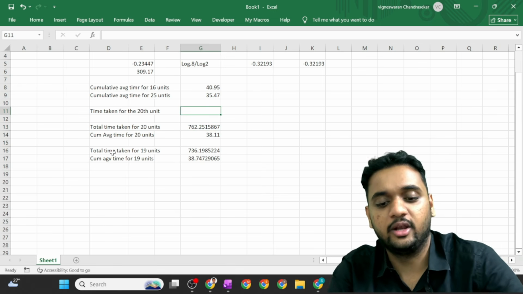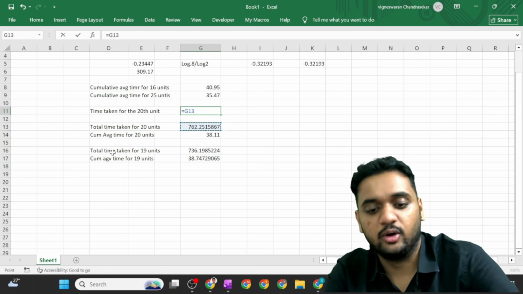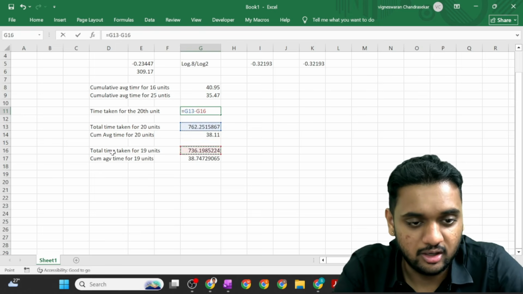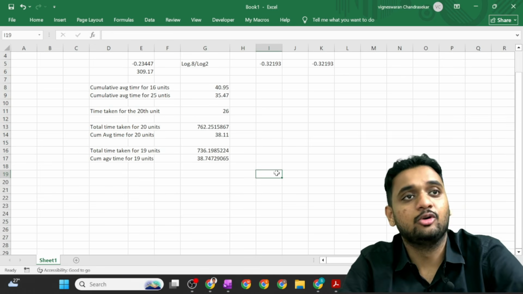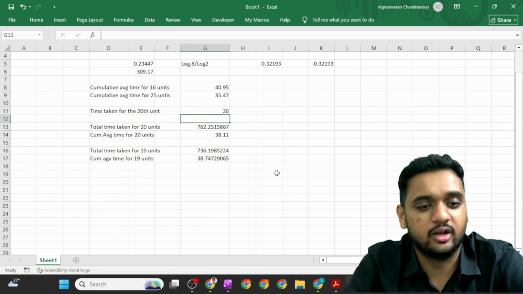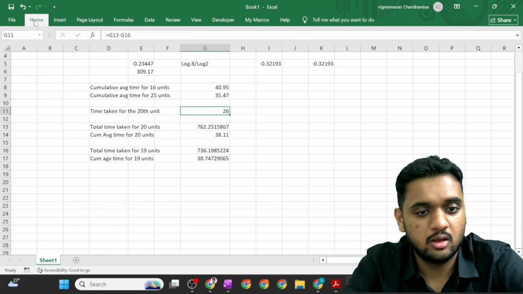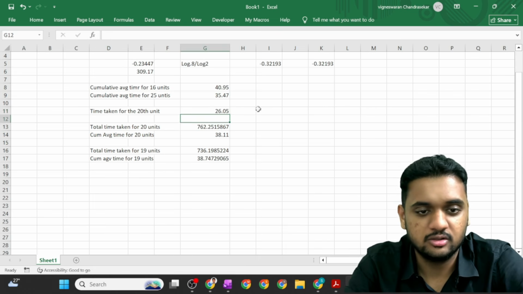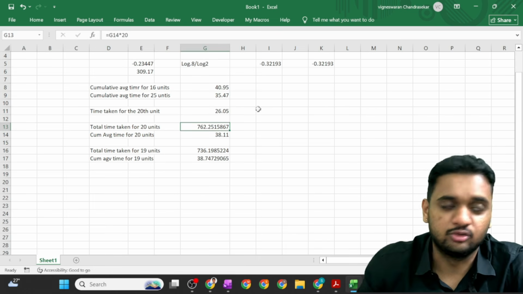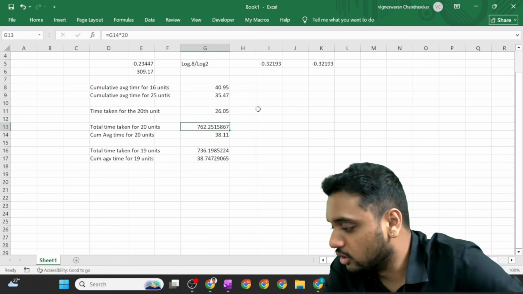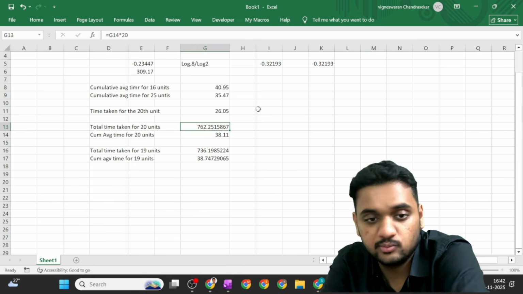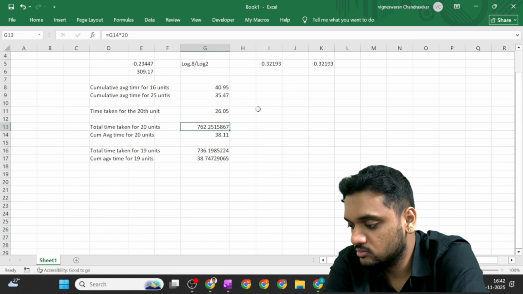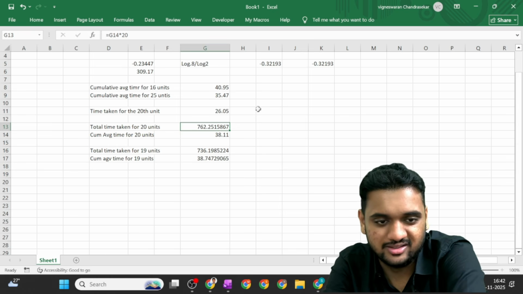So time taken for the 20th unit will be total time taken for 20 units minus time taken for 19 units. Found out the time taken for the 20th unit? 26.06 or 26.05. Understood all of you? Yes or no? They got 25.96. Whatever, it's okay.